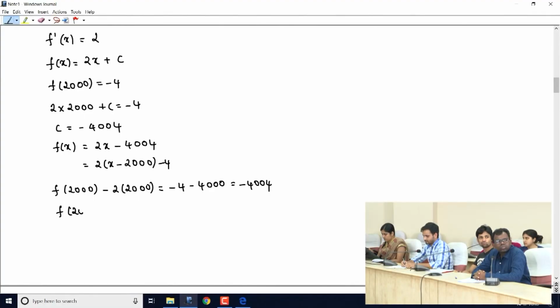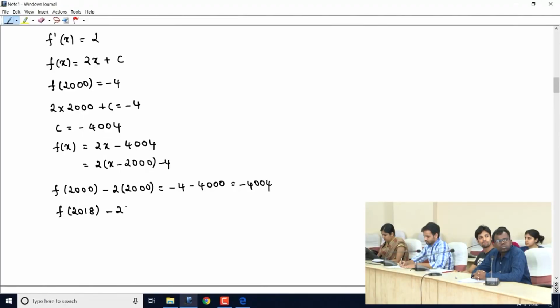Now we have that f(x) minus 2x is a decreasing function. Therefore, f of 2018 minus 2 into 2018 will be less than or equal to f of 2000 minus 2 into 2000, which is equal to minus 4004.